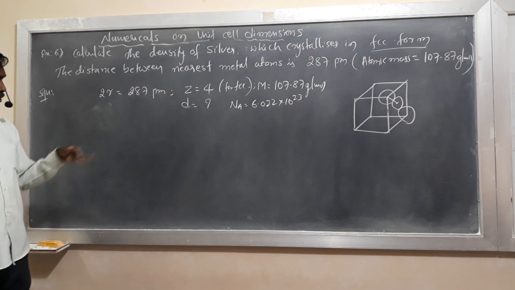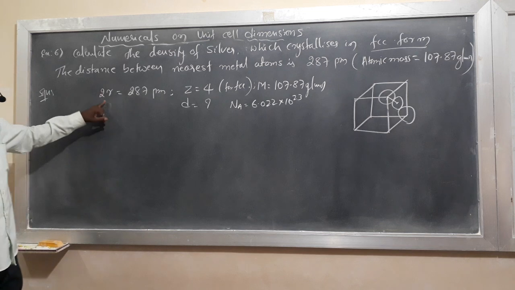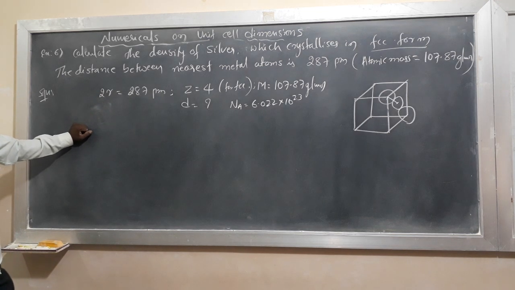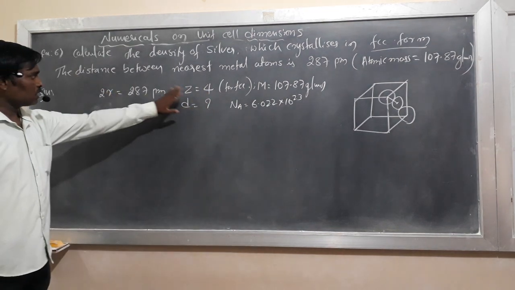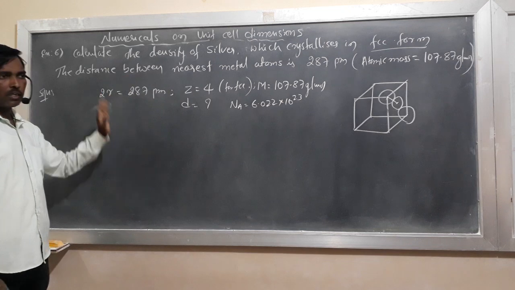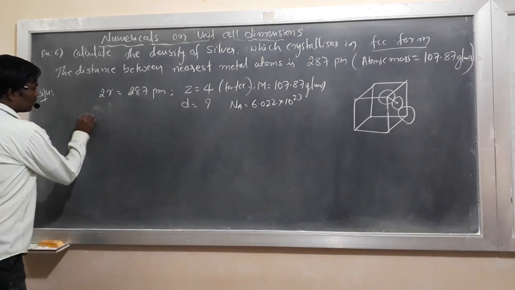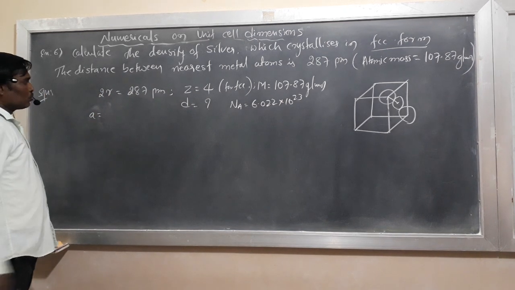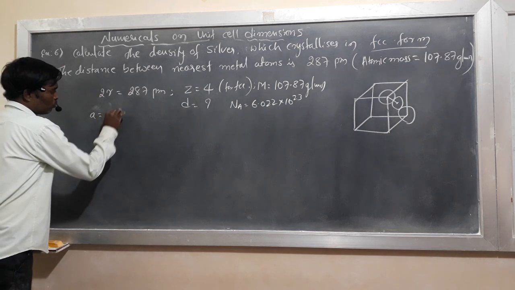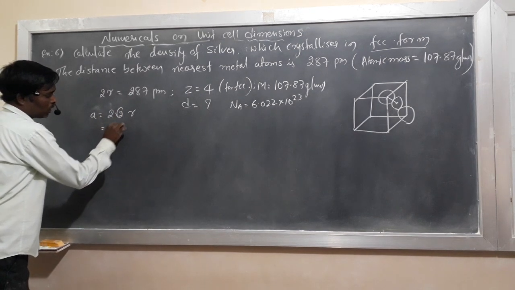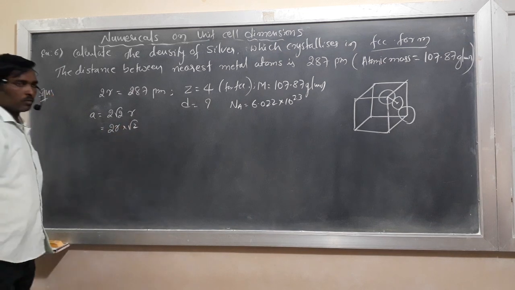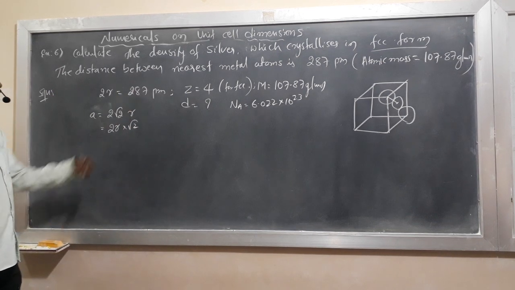So to calculate a cube, we need the edge length. Edge length is not given, but 2r value is given, and also the type of unit cell. By knowing the relationship between the type of unit cell and the radius, we can write the edge length as a is equal to 2 root 2 into r, or it is 2r into root 2. 2r value is given, it is 287.